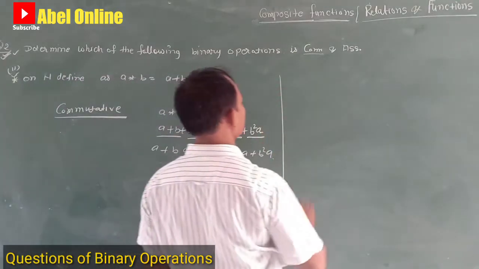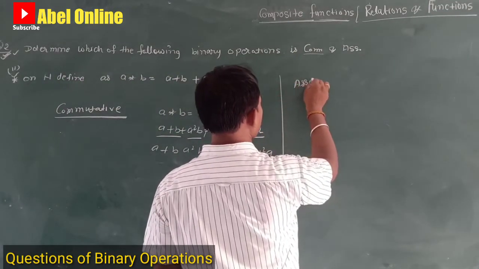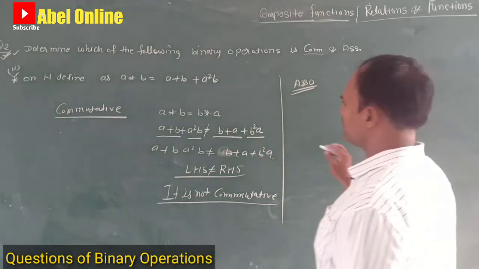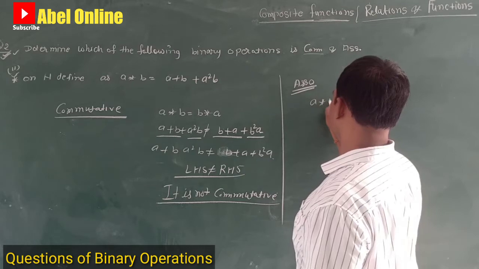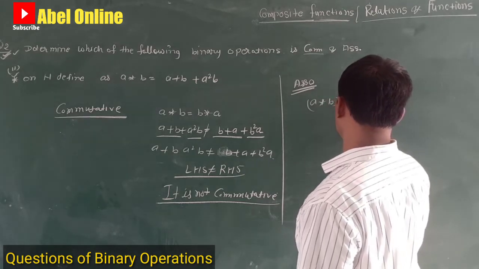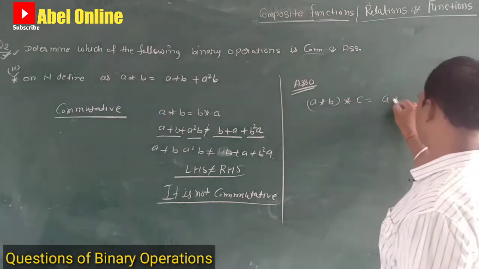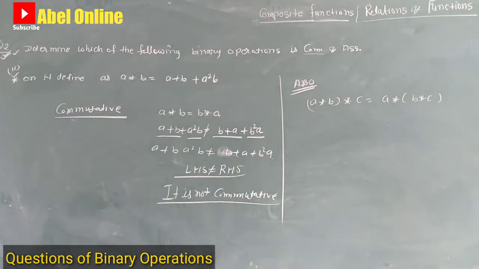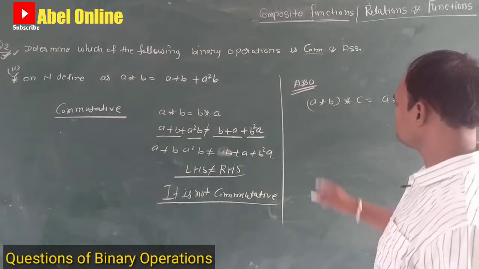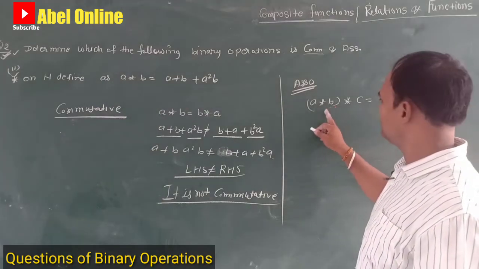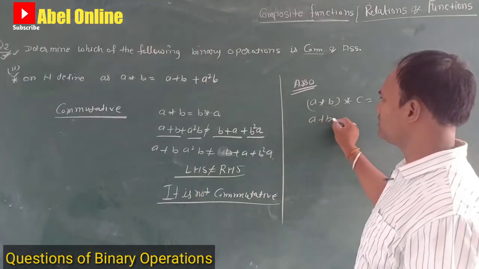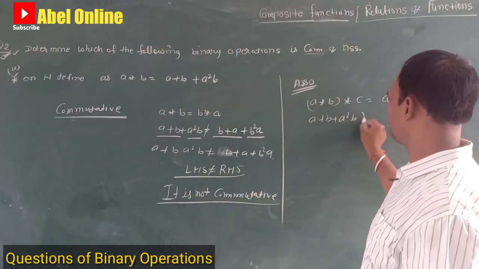Okay, next one is associative. When we are going to discuss associative, we know that a star b star c equal a star b star c. So a star b star c means a star b means a plus b plus a square b.